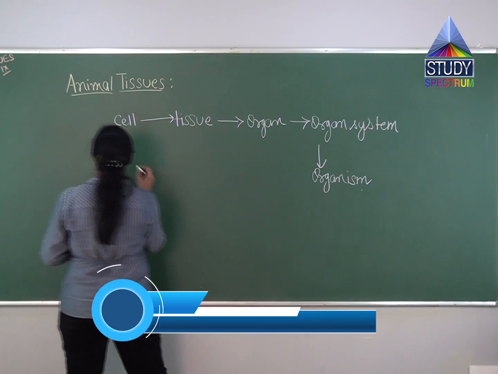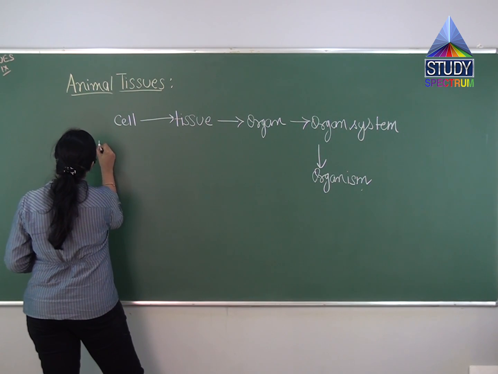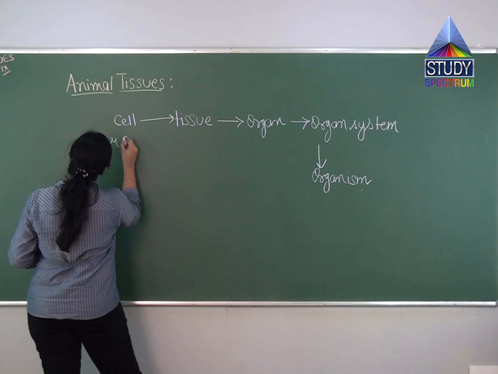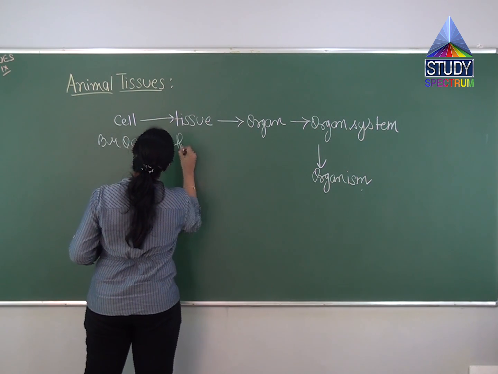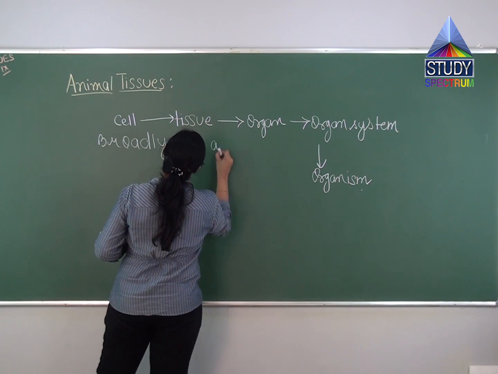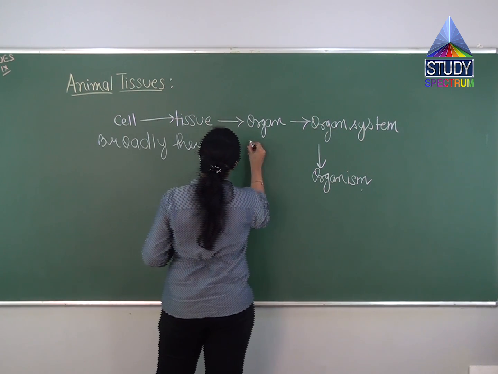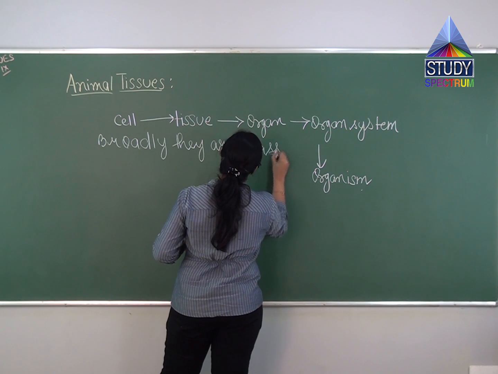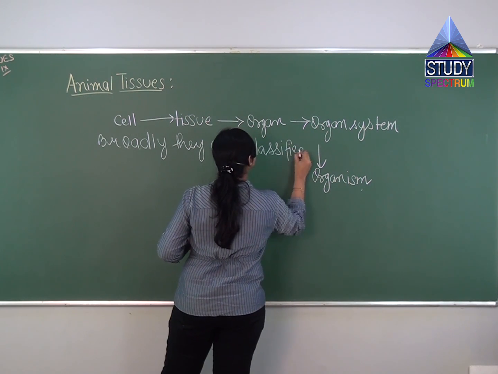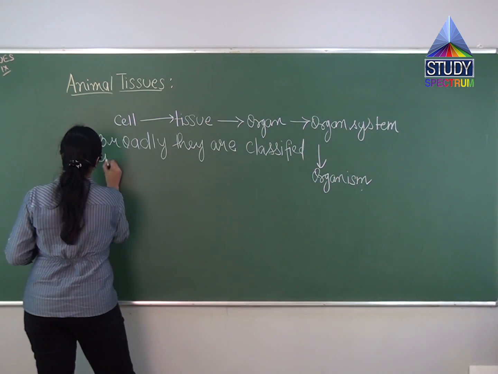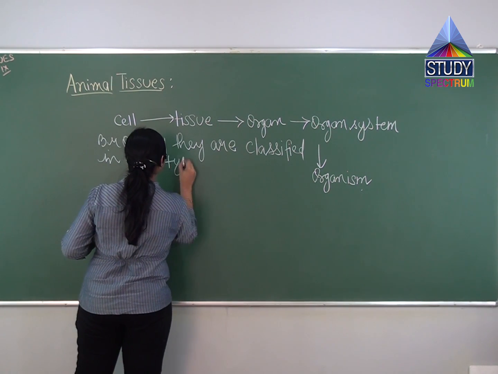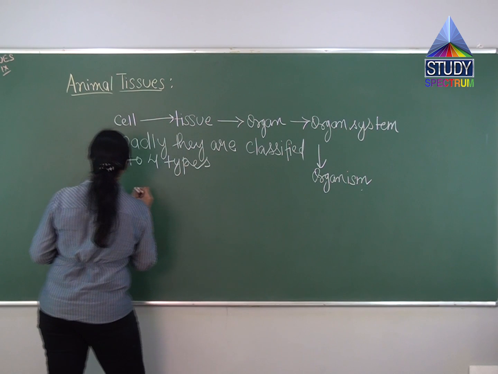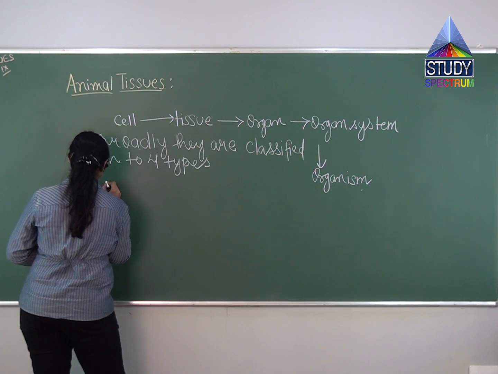They are broadly classified into 4 types. So what are these tissues?